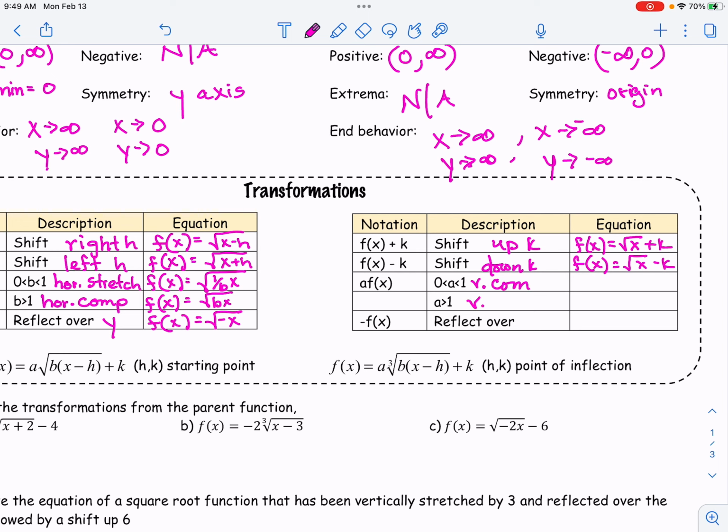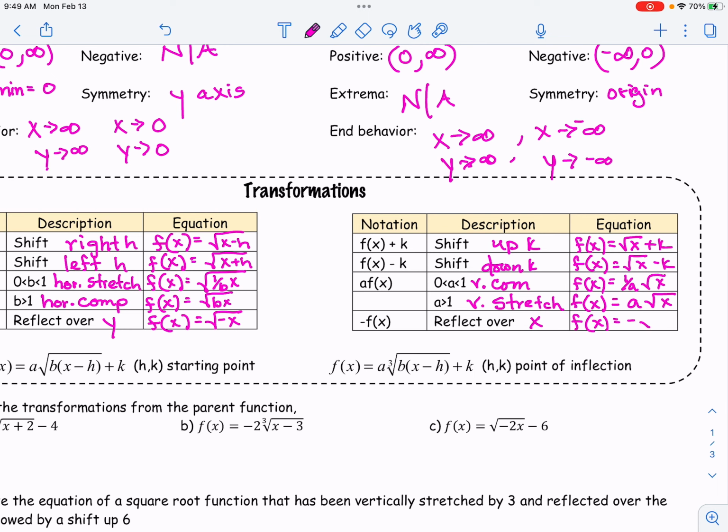Greater would be a vertical stretch. So this is f of x equals 1 over a root x. This would be a root x. If the y is negative, this would be a reflection over the x.